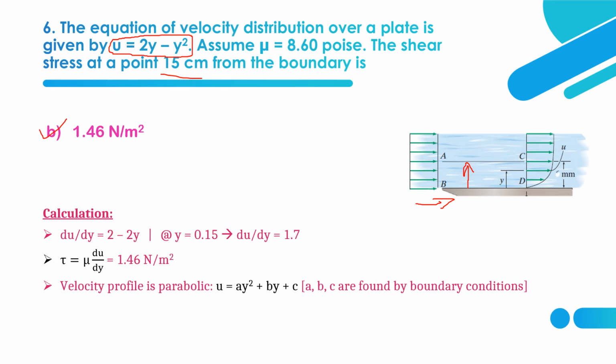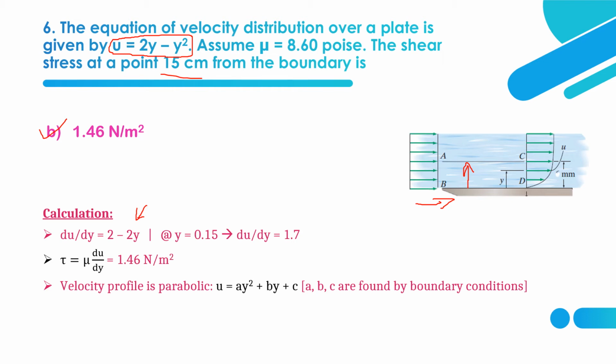In Newton's relation between shear stress and velocity gradient, tau is equal to mu du by dy. We have to find the du by dy value by differentiating the given distribution equation. So u is equal to 2y minus y square. On differentiating that equation with respect to y, we get 2 minus 2y.